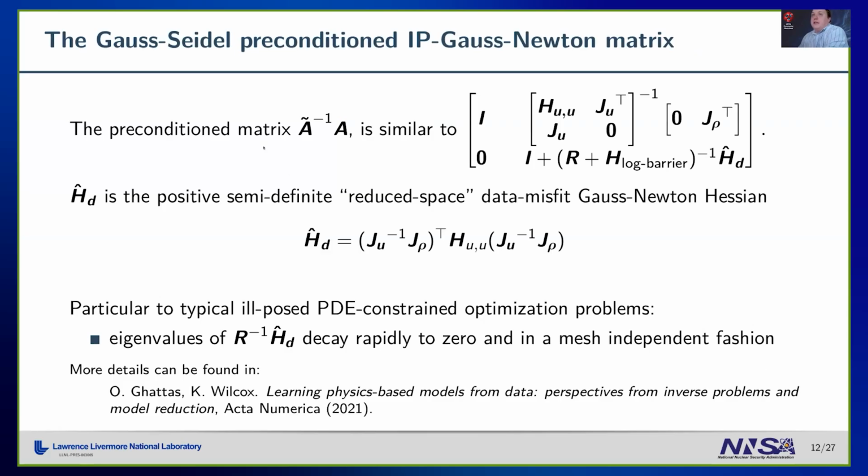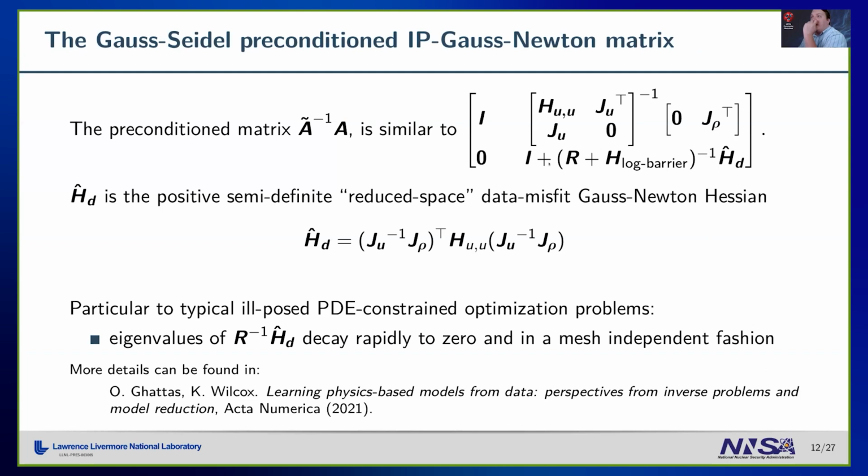So this block Gauss-Seidel preconditioned matrix is similar to the following. It's block upper triangular and has identity in the 1-1 block, that's good. And then it has identity plus some perturbation on the 2-2 block.